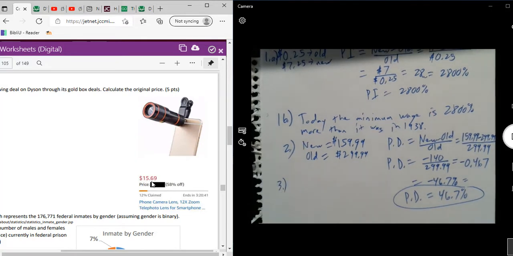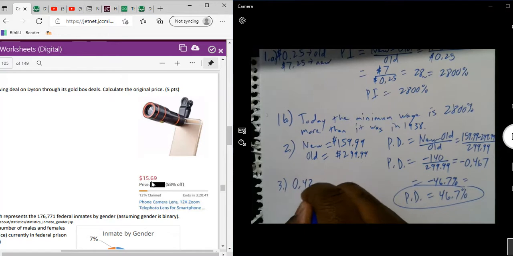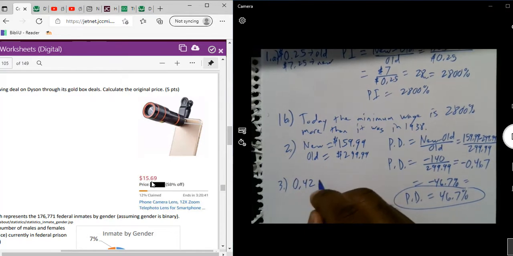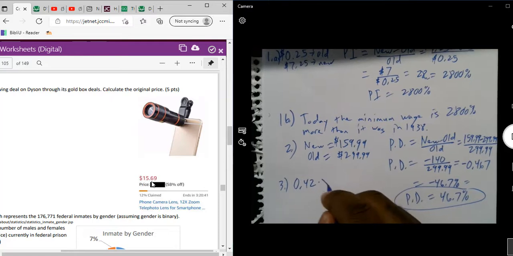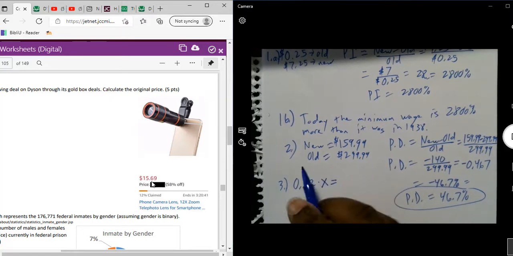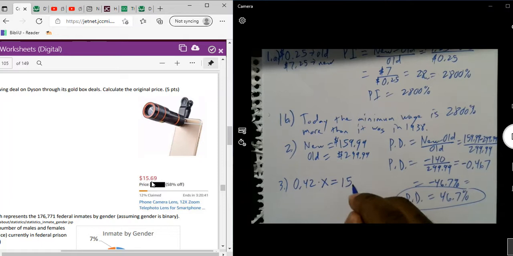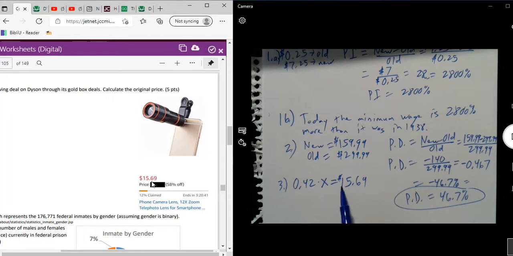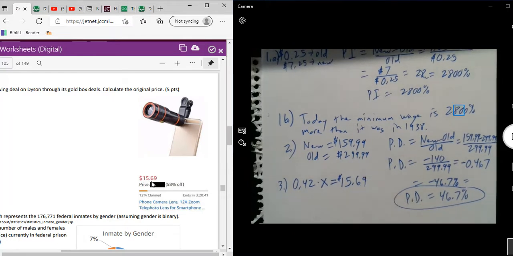Since it's 58% off, that means you're only paying 42%. So 42% written as a decimal times the original value will give us this $15.69. It's basically 42% of what value is $15.69, because we want to find the original price.